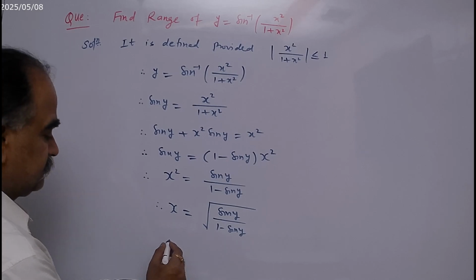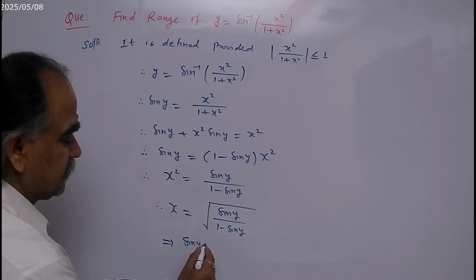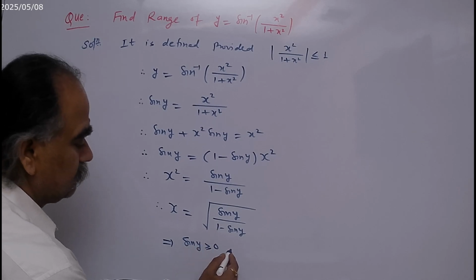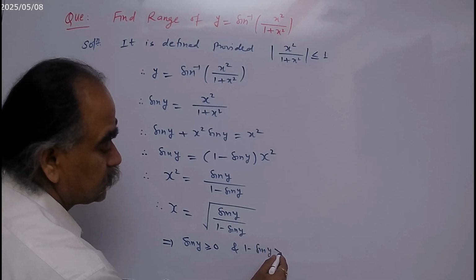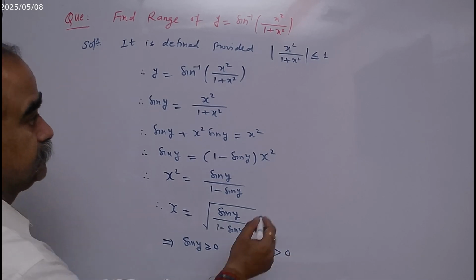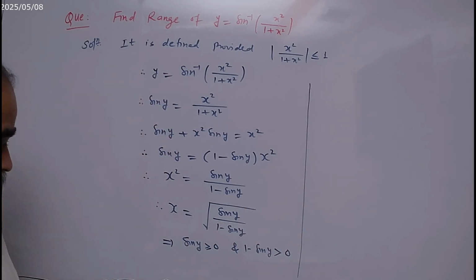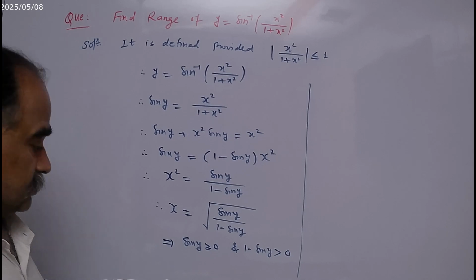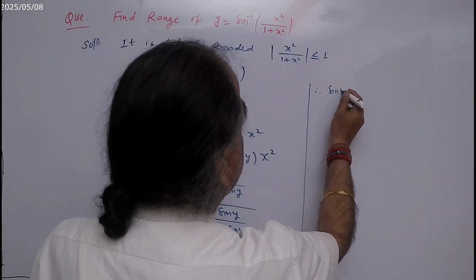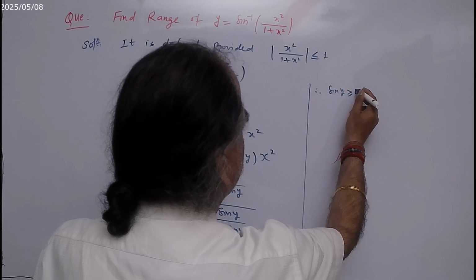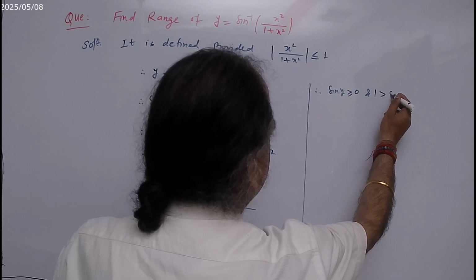So this implies sin y has to be greater than or equal to 0 and 1 minus sin y should be greater than 0. Therefore sin y greater than or equal to 0 and 1 greater than sin y.